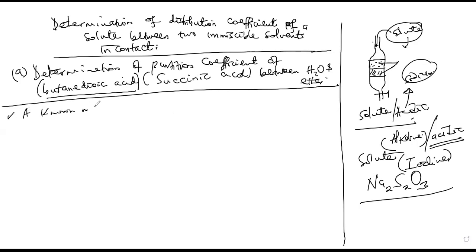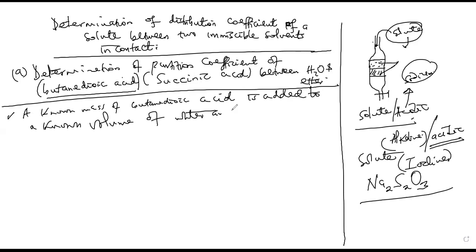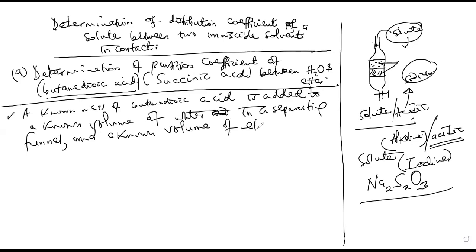A known mass of butane dioic acid is added to a known volume of water in a separating funnel, and a known volume of ether is also added.